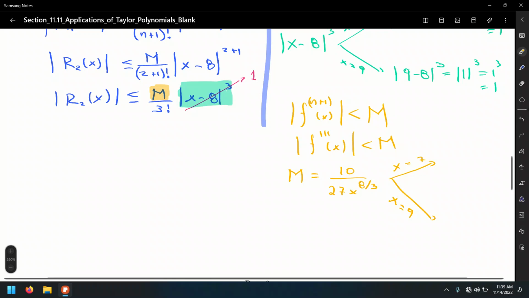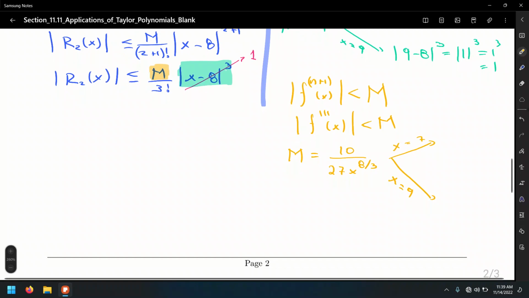At 7, all right? Well, that's because we are plugging in a smaller value than 9 in the denominator. Getting a smaller number in the denominator means a bigger value, as opposed to evaluating at 9. That's going to be a larger number in the denominator, and that's going to give us a smaller number, and therefore that's not the maximum value.